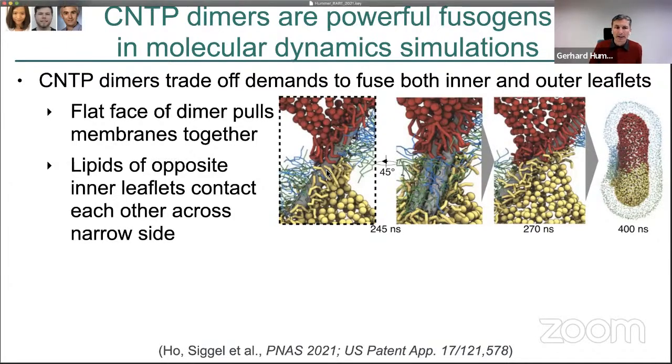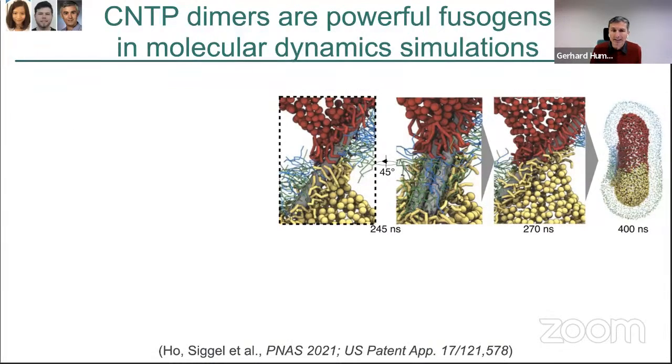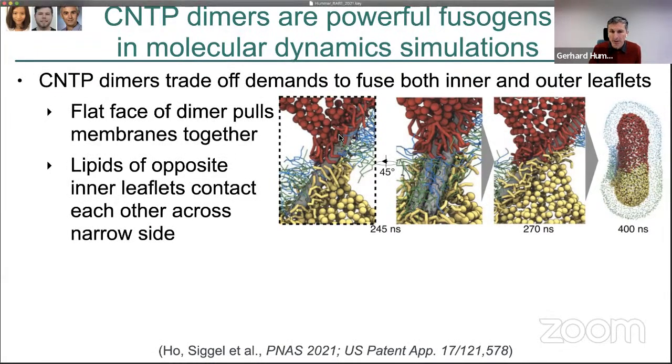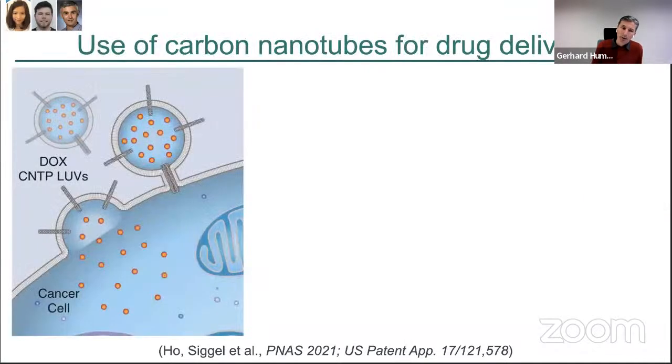And it turns out that thin carbon nanotubes in a dimer form provide the perfect trade-off for this process. They have enough hydrophobic surface on the flat side, but only a narrow space to bridge on their narrow side. So that means we have a strong pull and an easy crossover and symmetry breaking for fusion to occur. That was very reassuring, but the question then was, can you make something useful out of this?